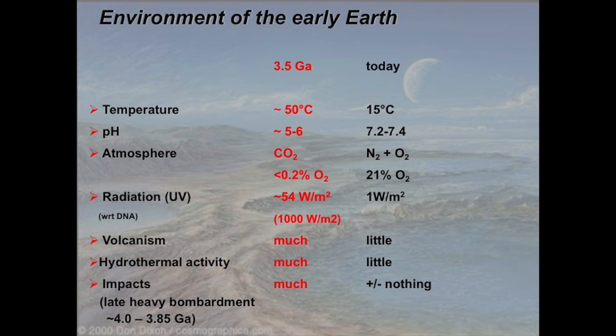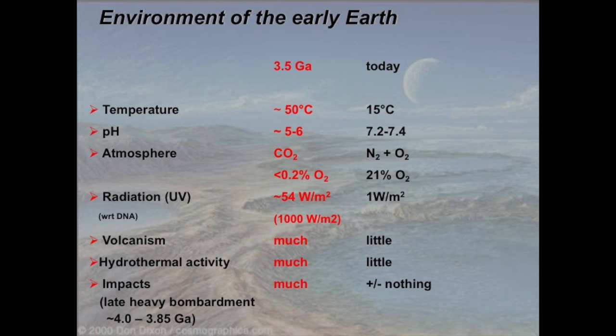The pH of the water was slightly more acidic than today. The reason is that the major component of the atmosphere was carbon dioxide. Carbon dioxide dissolved in water makes a weak acid, so we have slightly acidic ocean waters compared to the neutral waters of today.